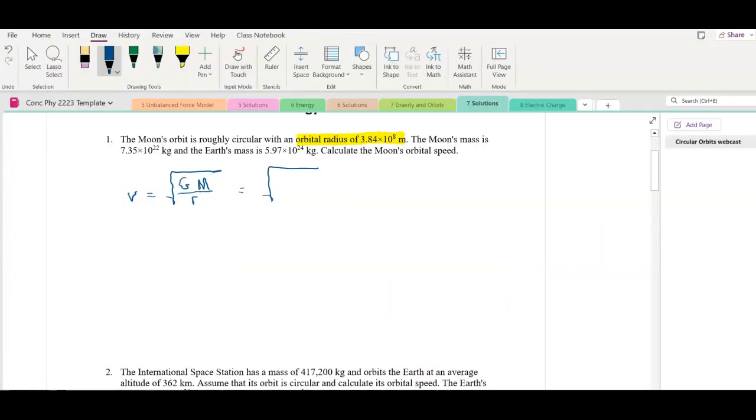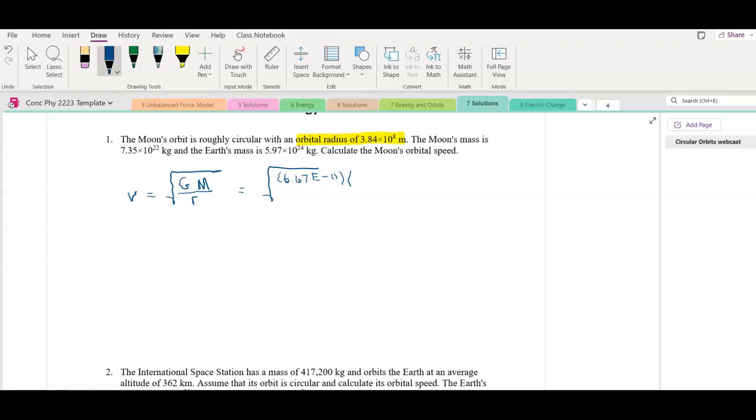So I take the universal gravitational constant, which I know is 6.67 times 10 to the negative 11th. I multiply it by the big mass. That's the mass of the central body. Both of these masses are very big, right? But the Earth is in the center of the moon's orbit, and its mass is a little bigger, right?